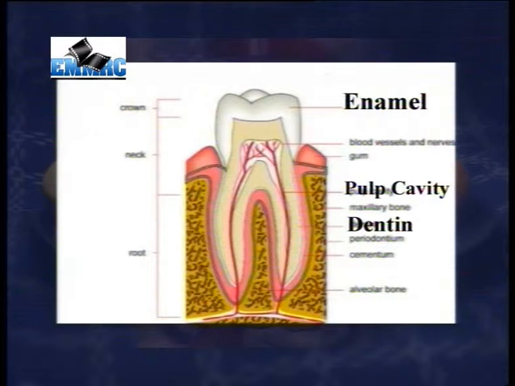The diagram here shows the structure of the teeth. The outer covering of the teeth is called enamel, which is the hardest covering of the teeth. Again, in comparative anatomy, there are different varieties of teeth on the basis of presence or absence of enamel. In mammals itself, the enamel is absent in armadillo and sloth.